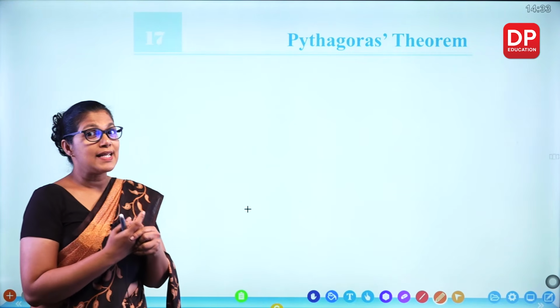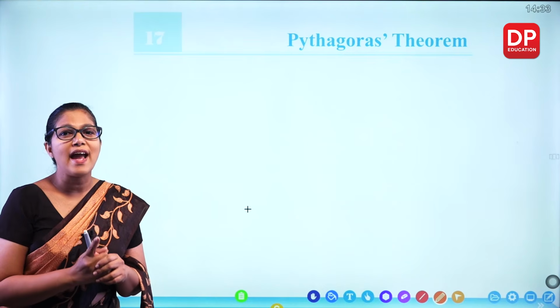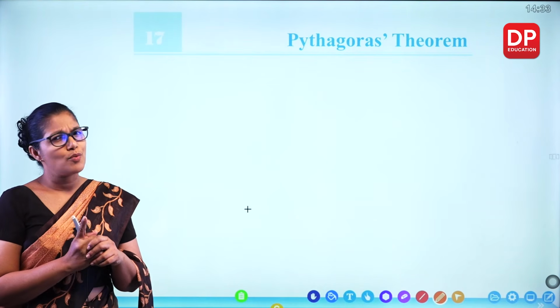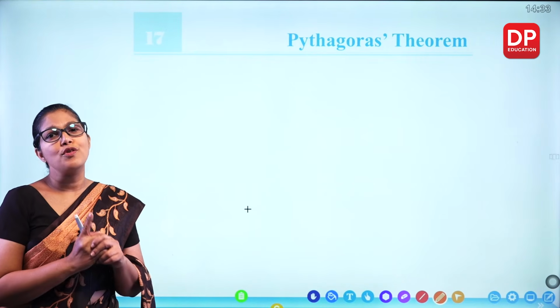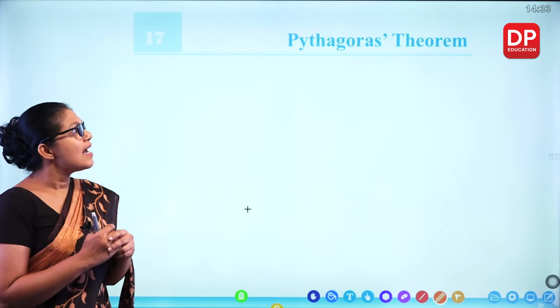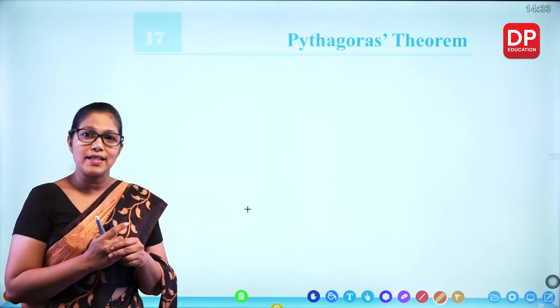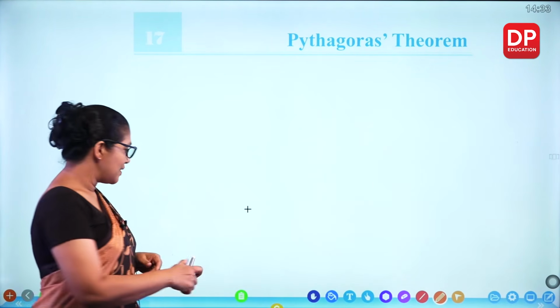Basically, Pythagoras theorem is related to right angle triangles. What does right angle triangle mean? One angle should be a 90-degree angle. We'll see how we can apply Pythagoras theorem in real life applications.